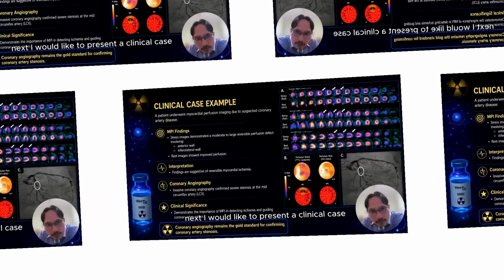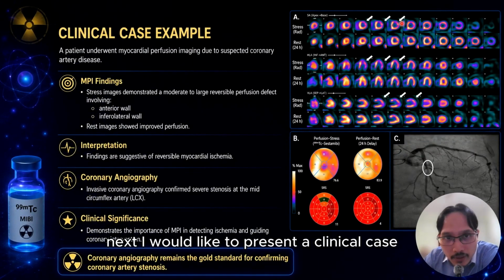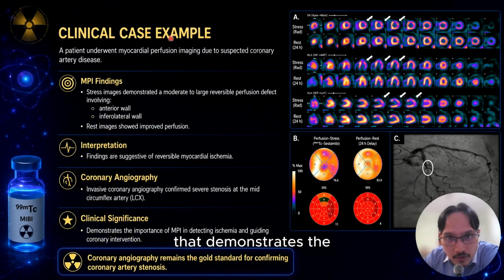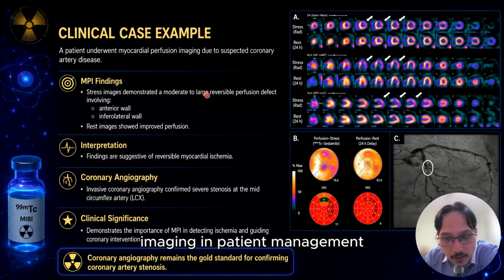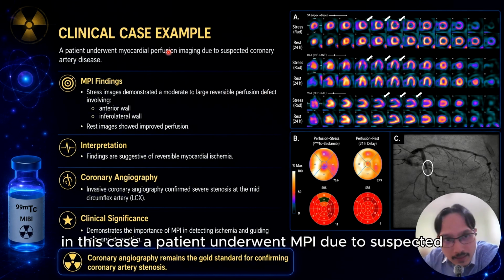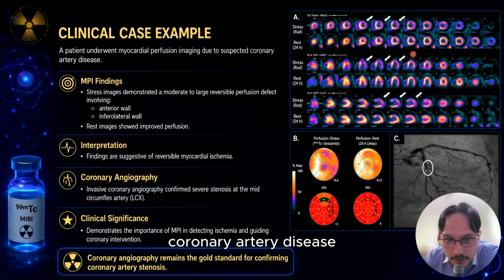Next, I would like to present a clinical case that demonstrates the importance of myocardial perfusion imaging in patient management. In this case, a patient underwent MPI due to suspected coronary artery disease.